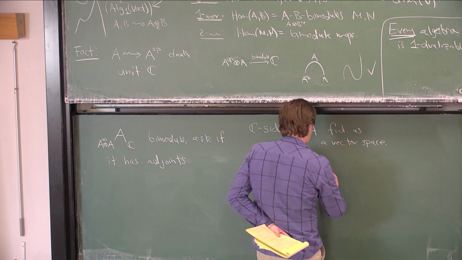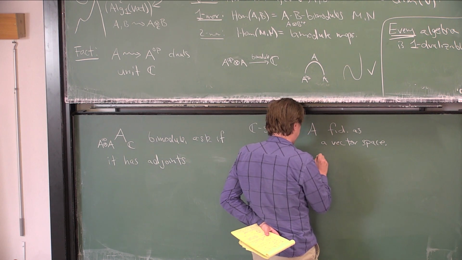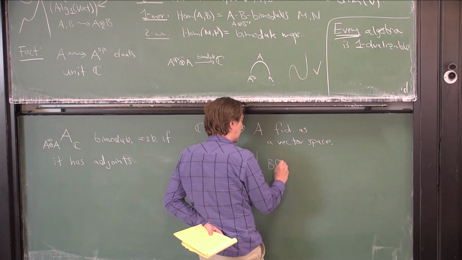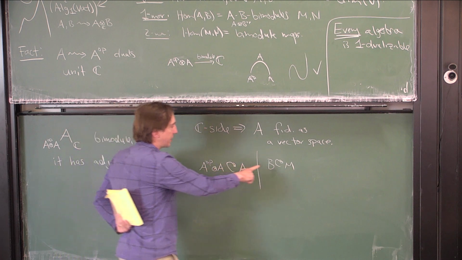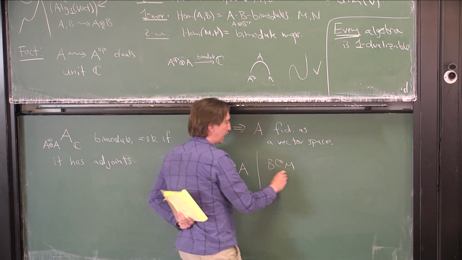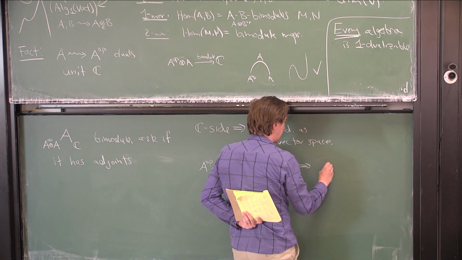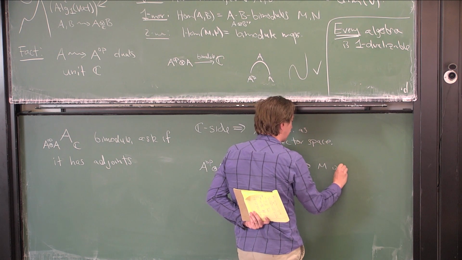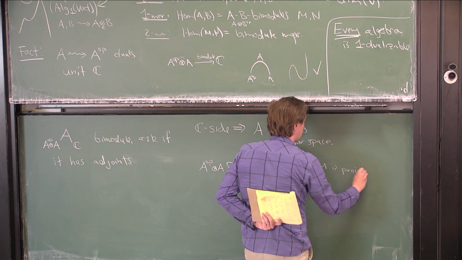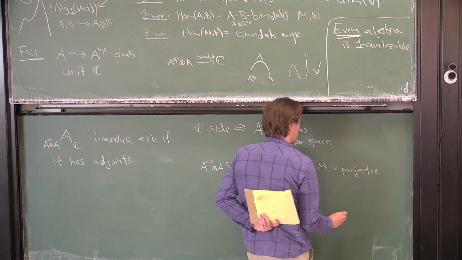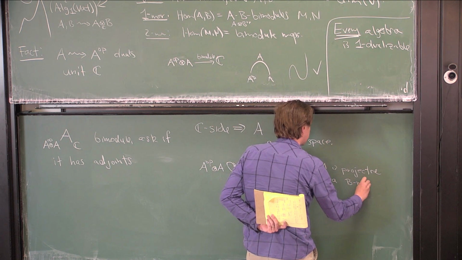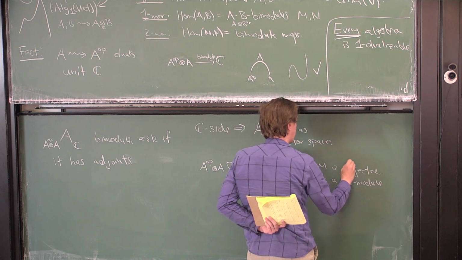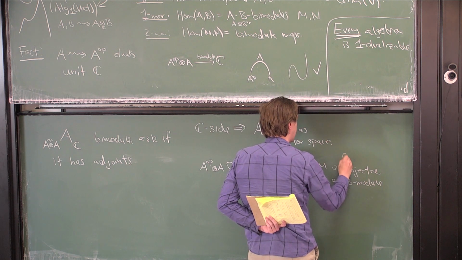But in general, as an aside, if I have any algebra, call it B, acting on any module M, to say that M is dualizable over B is to say that M is projective as a B module. No, finite, compact, finitely generated projective.